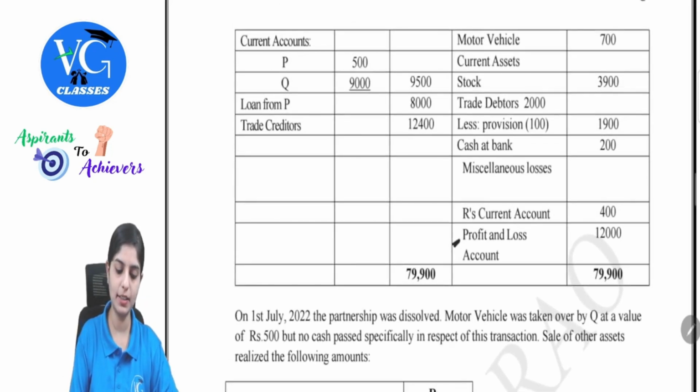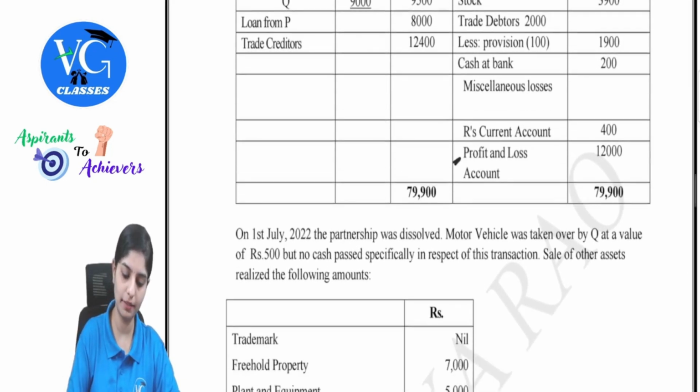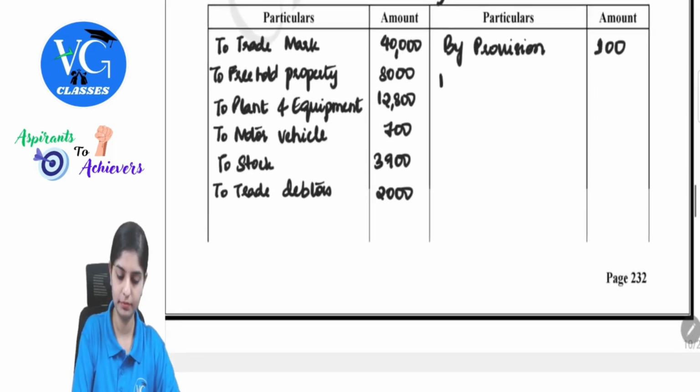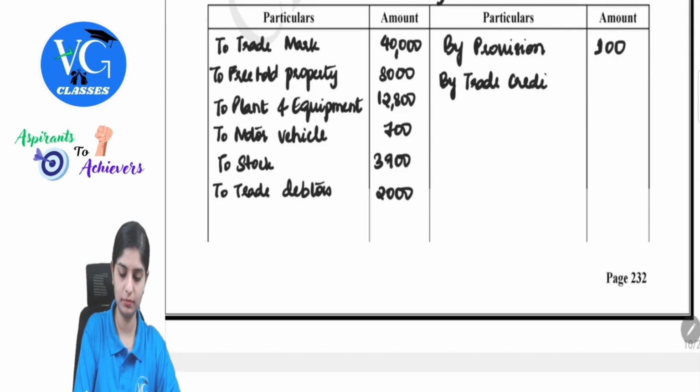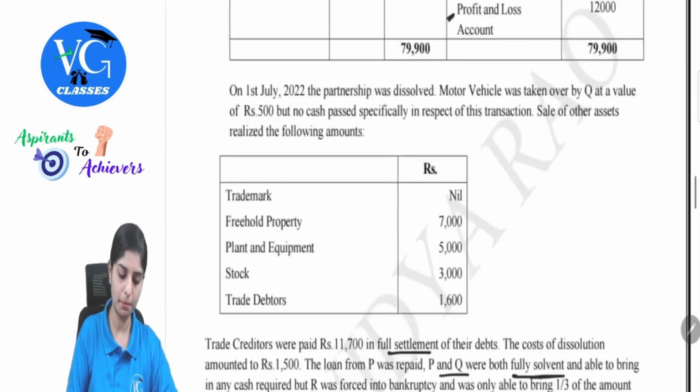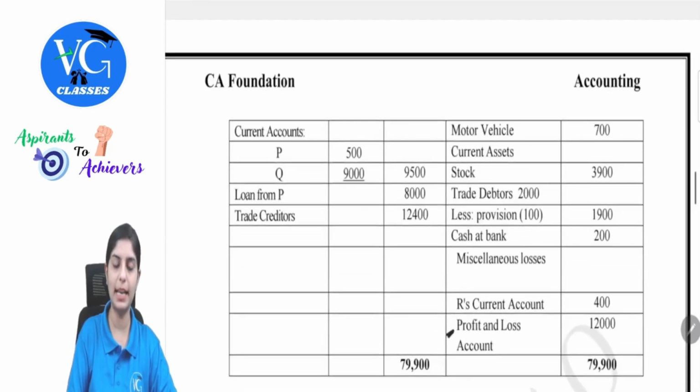Then trade creditors 12,400. So we have completed all the points of the balance sheet.